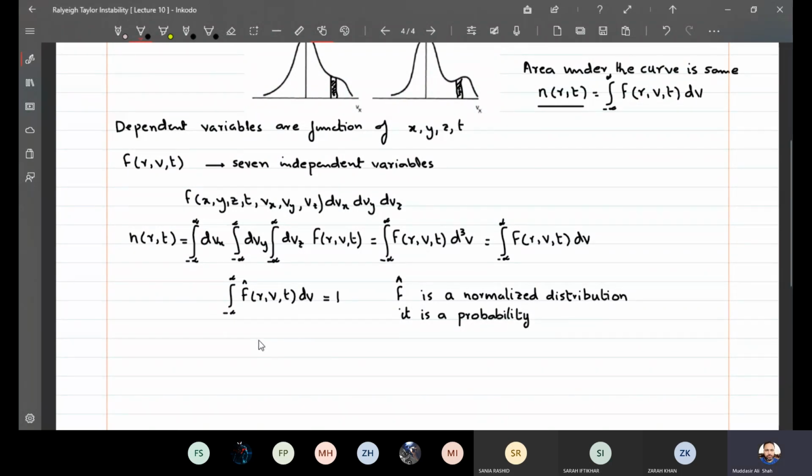Usually the most important distribution that we talk about is the Maxwellian distribution. So if I write a Maxwellian distribution, it will be something like that. But it is not normalized.